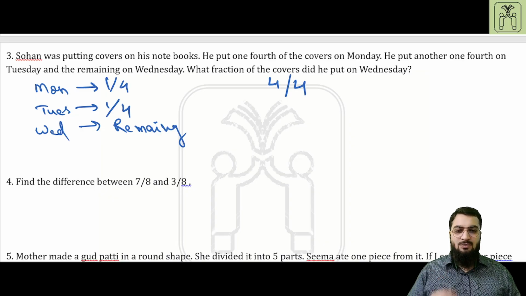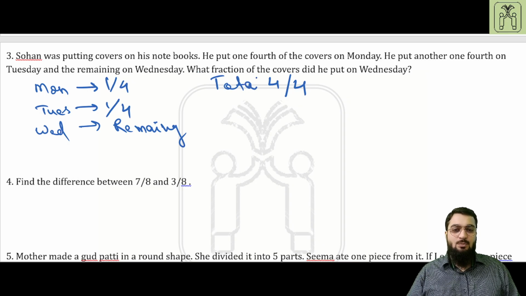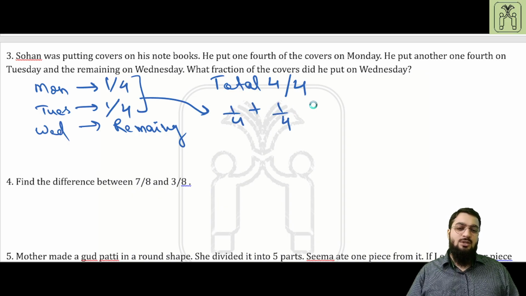If we take all of them together, it will be 4 upon 4, which is equal to 1. Monday and Tuesday cumulatively will be 1 upon 4 plus 1 upon 4. That will give you 2 upon 4, which gives you 1 upon 2. So half of the covers have been put.